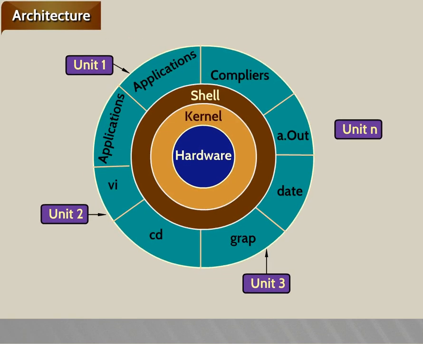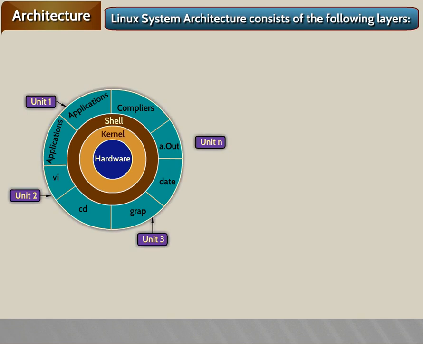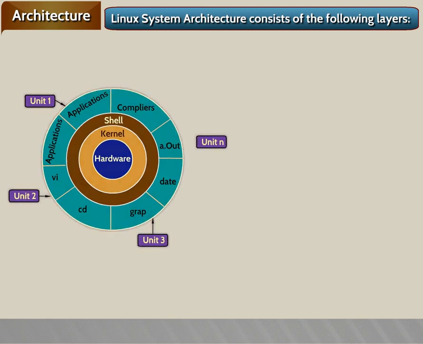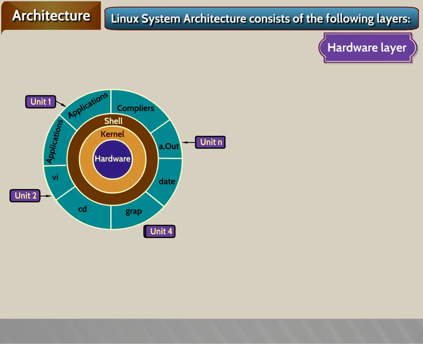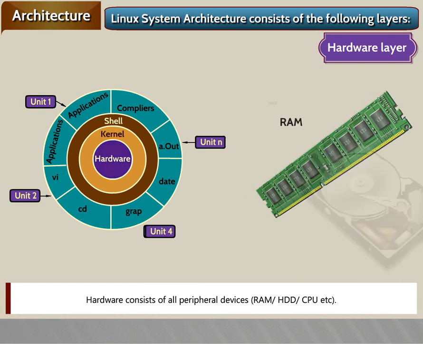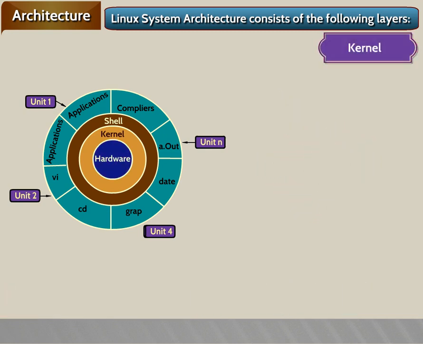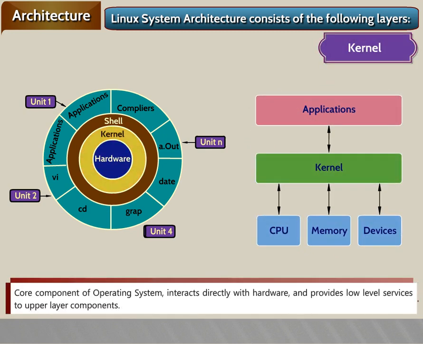Architecture. Linux system architecture consists of the following layers. Hardware layer. Hardware consists of all peripheral devices, that is RAM, HDD, CPU, etc. Kernel.